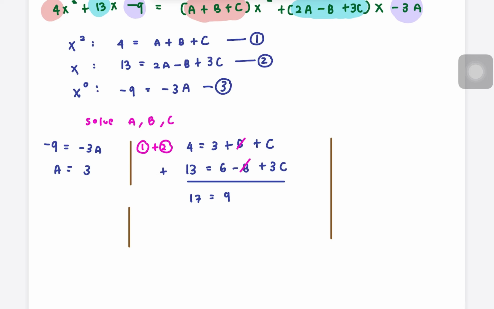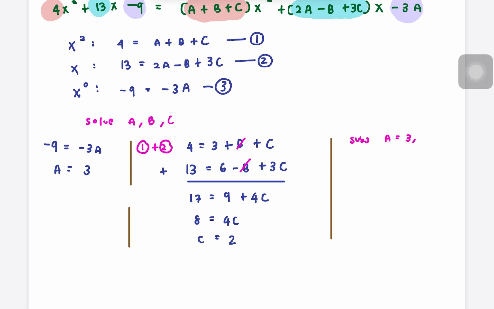So you will have 3 plus b plus 2 equal to 4. So b will be equivalent to 4 minus 5, which is negative 1. So you have all the three unknown values, which is a equal to 3, c equal to 2, and b equal to negative 1.